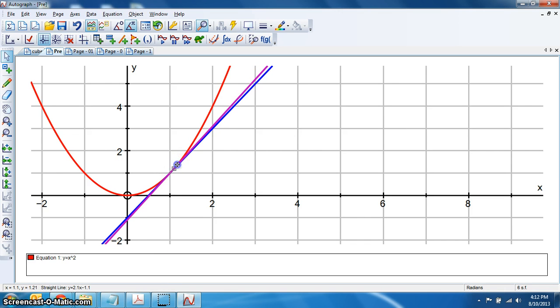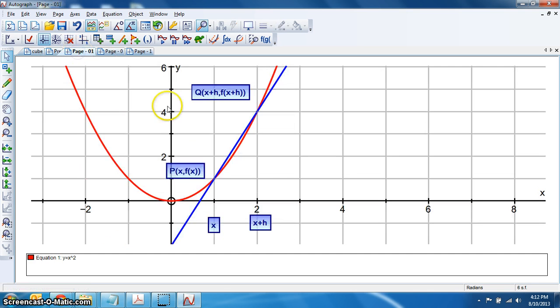Okay, now we're going to put some names onto these coordinates and try to understand this another way. Again, we call this point P, and this function is f of x, and this point P has x coordinate x, therefore has y coordinate f of x. And Q will be this point right here.